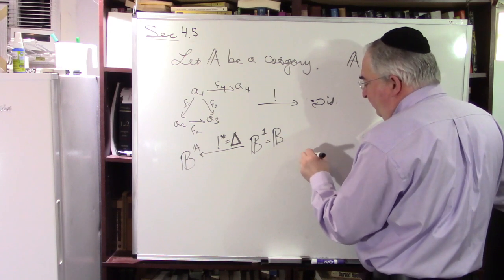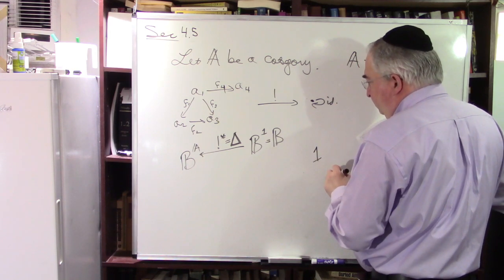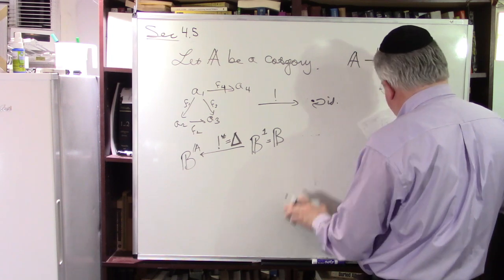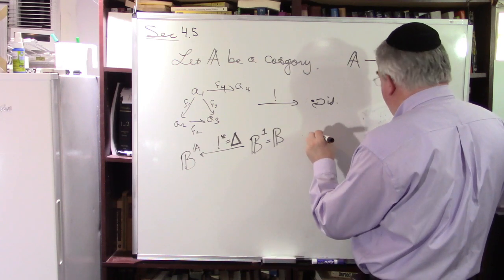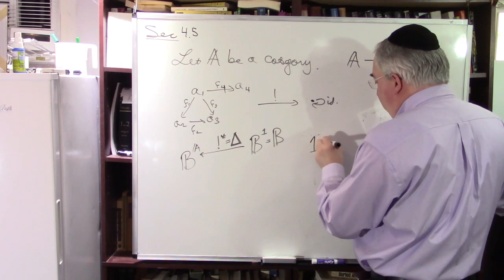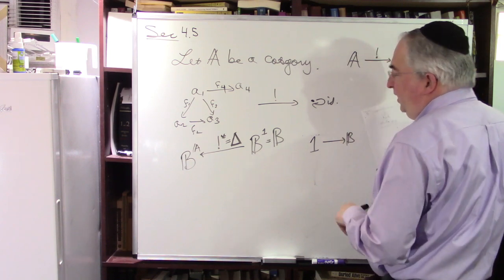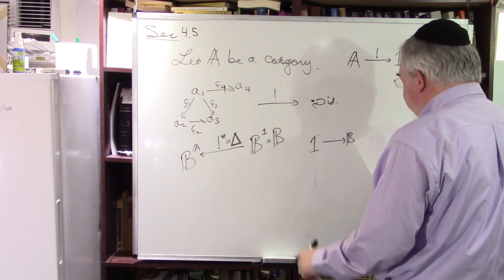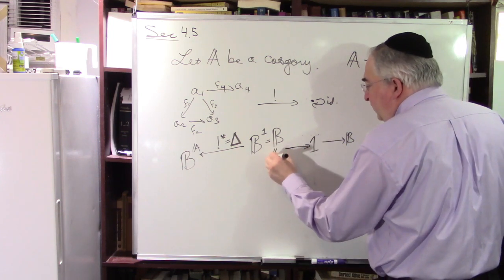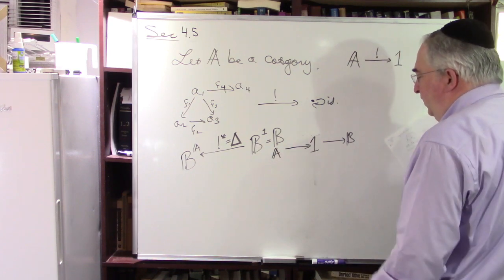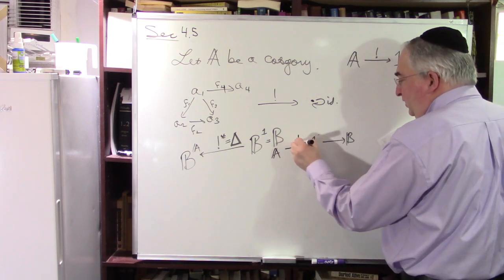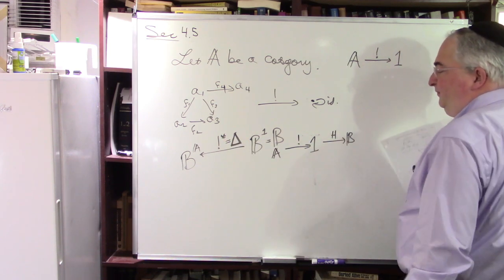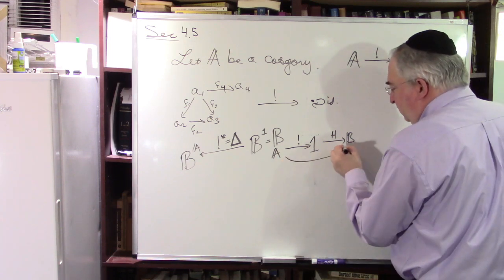You're going to have a functor from 1. I'm sorry. You're going to have a functor from 1 to B, like that. Okay, that's going to pick out a certain element in here. And then what we're going to do is precompose that with a functor from A. Now this is the unique thing here, and this is, let's say, any functor H. Now what does this look like?